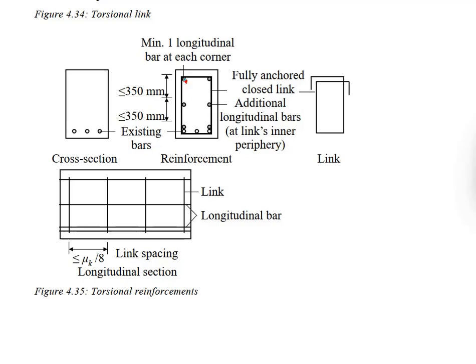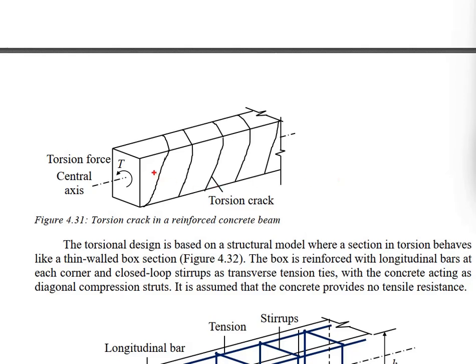And then the spacing between the reinforcement should not be more than 350. You can have reinforcement for the torsion laid along the member over the cross-section, regardless of tension or compression zone. This is because torsional cracks can happen anywhere in the member, regardless of the tension or compression zone.